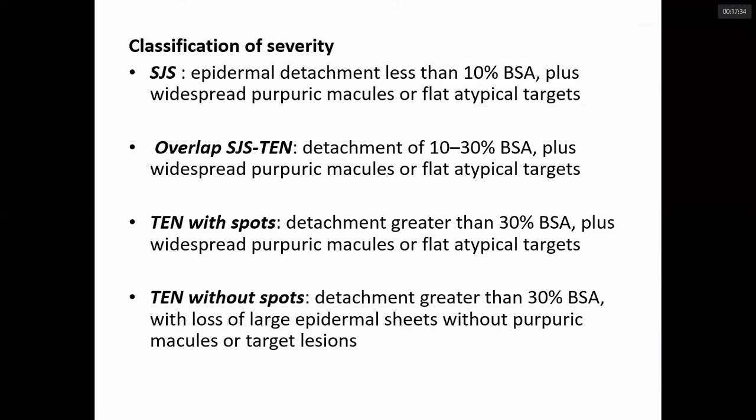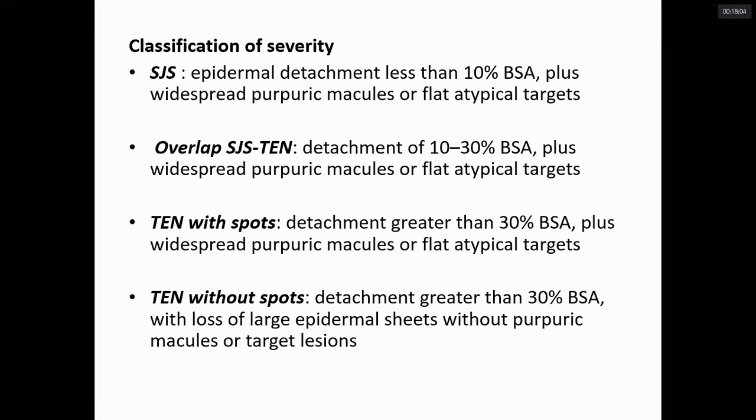Now, SJS and TEN are classified according to severity. We call it Stevens-Johnson syndrome if the epidermal detachment is less than 10% of body surface area, plus there are widespread purpuric macules or flat atypical target lesions. It is called overlap of SJS/TEN if there is 10 to 30% of body surface area involvement.